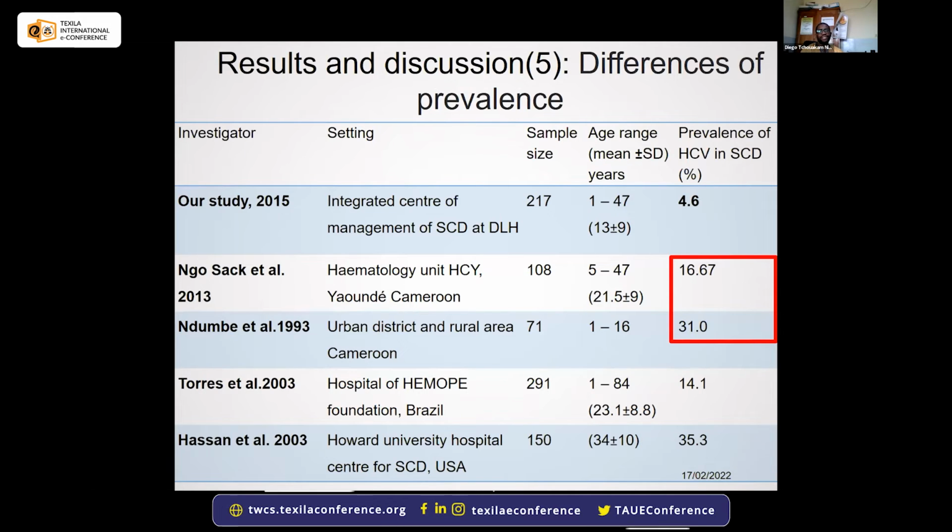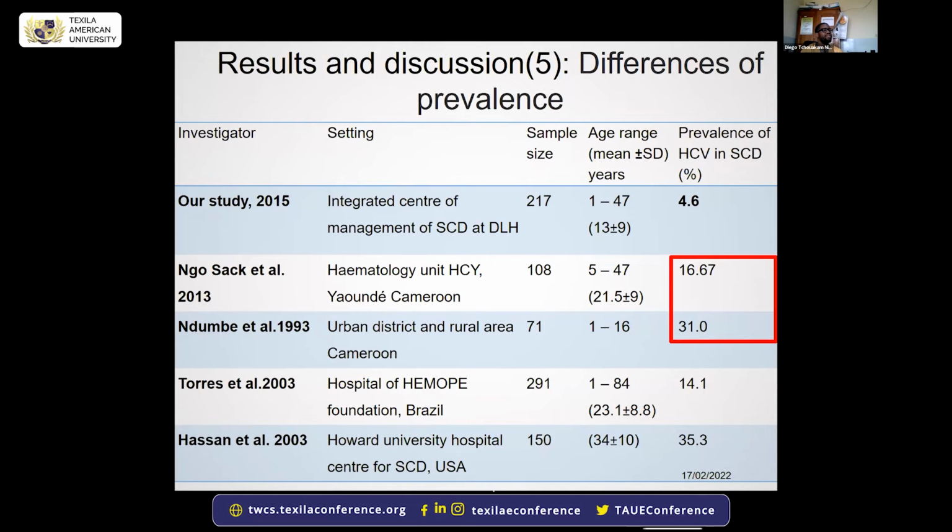We can notice that this difference was due to the fact that their sample sizes were far smaller than ours, relatively 108 and 71, meanwhile we had 217. We also noticed that their age range was greater than ours.